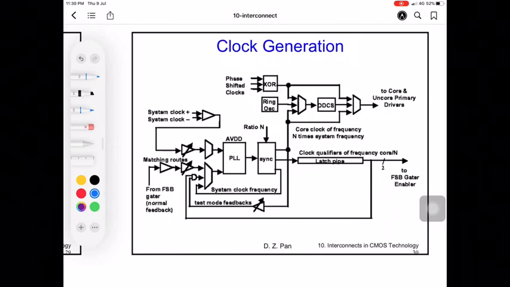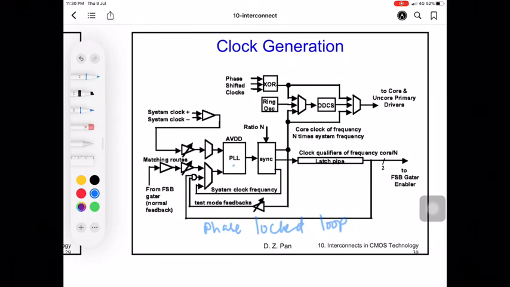So how do you create a clock? You can have a system clock which is connected to a PLL. PLL is a phase lock loop, and then you can connect it to a synchronous circuit, which is connected to a latch, and then connected to a ring oscillator.